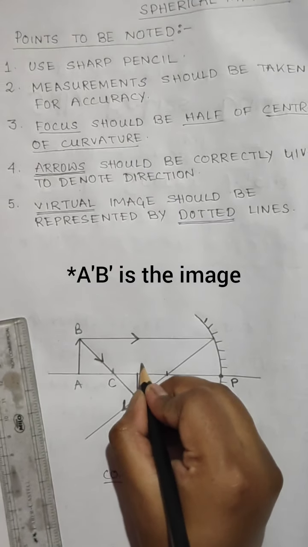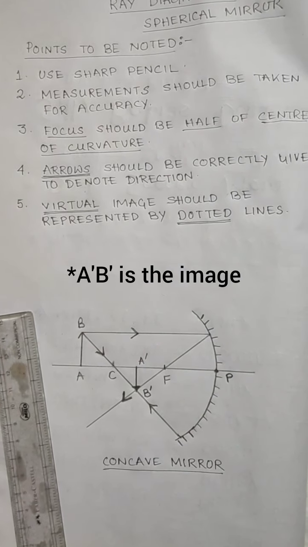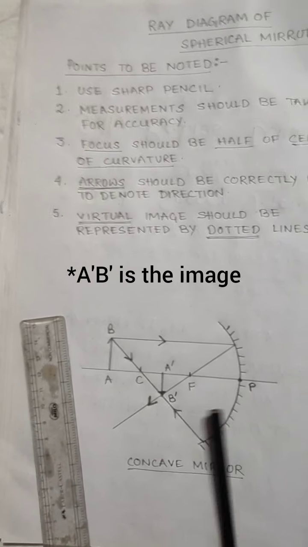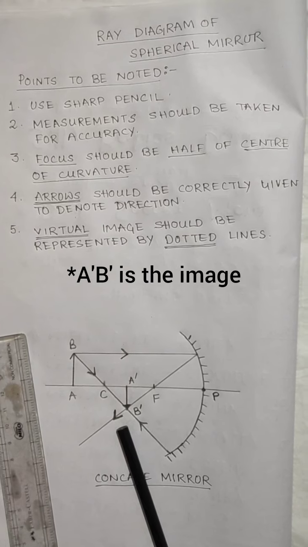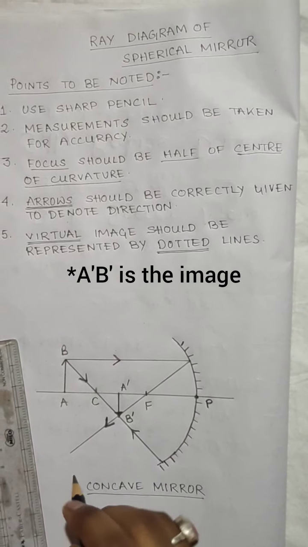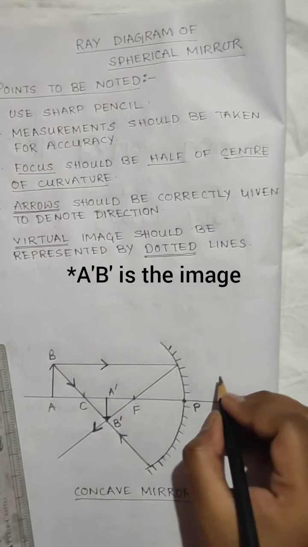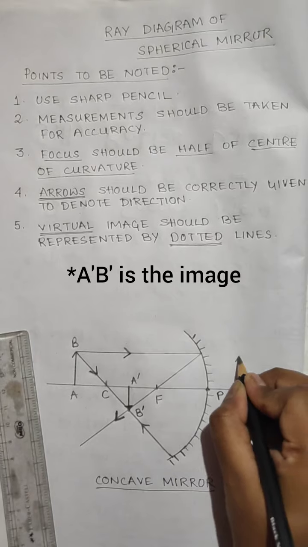That means A will come here and will become A dash, and B will come here and will become B dash. Now since this image is formed in front of the mirror, hence it is a real image. In this case, since it's a real image, we have not used dashed line or dotted lines. If in case the image is virtual, then we need to draw dotted lines like this.